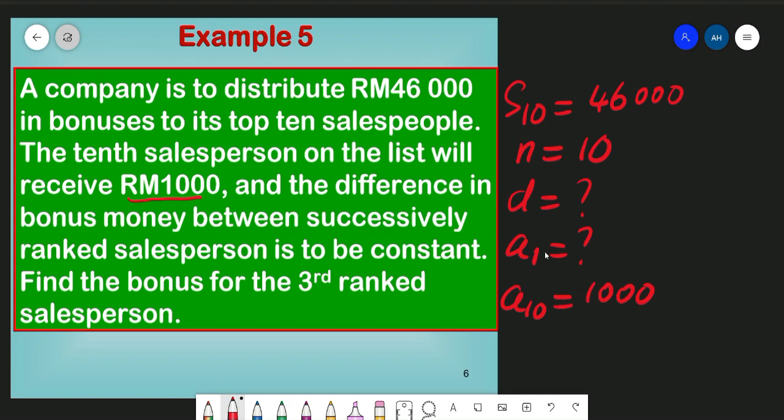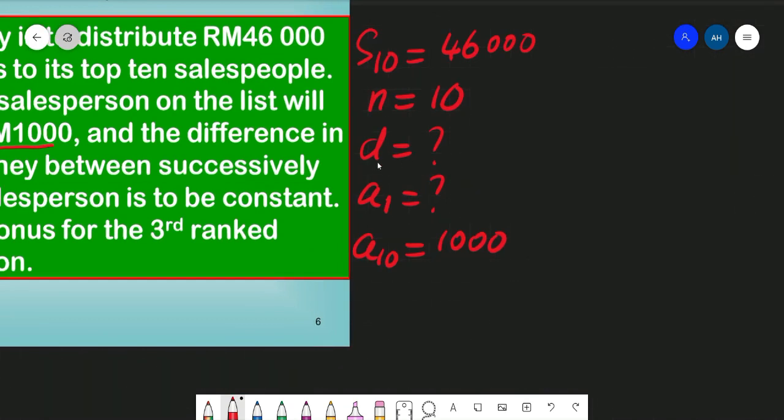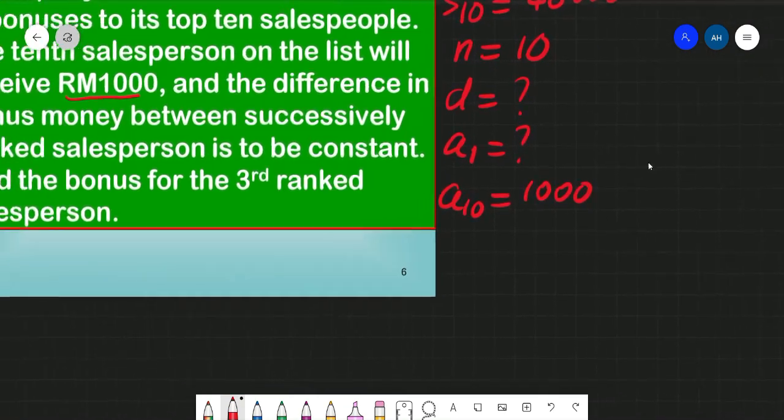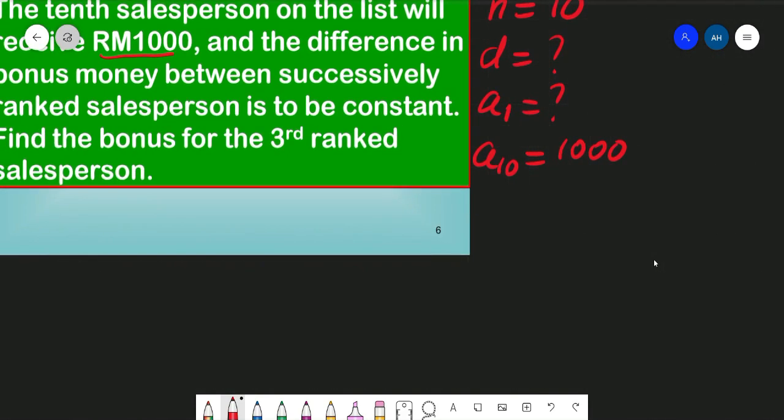These are all the information, and the values that we are looking for are d and also a1 first, in order for us to calculate the bonus that the third ranked salesperson receives. That is, we are going to find out the value for a3, the amount of bonus received by the third ranked salesperson.